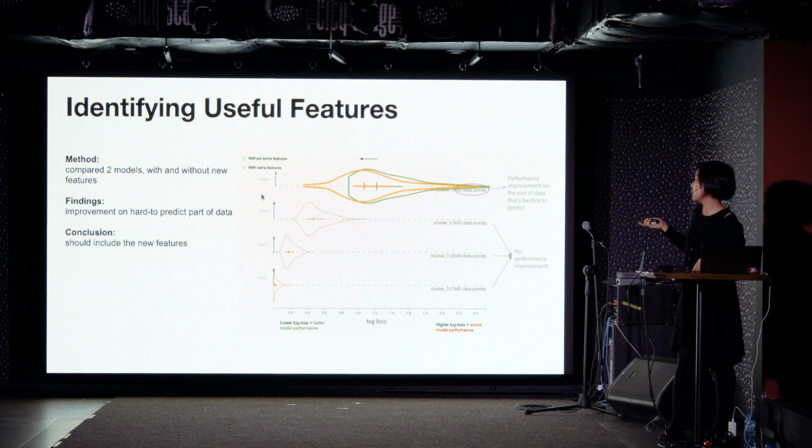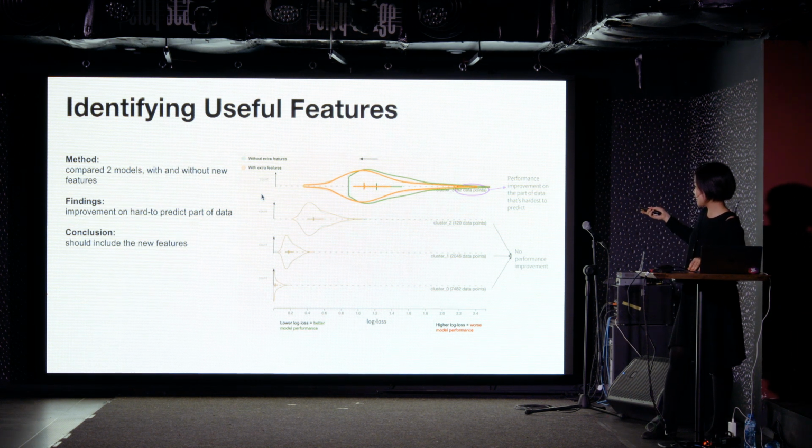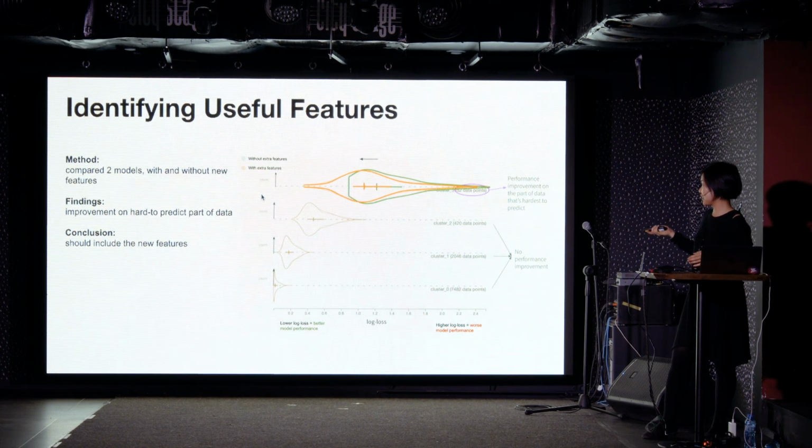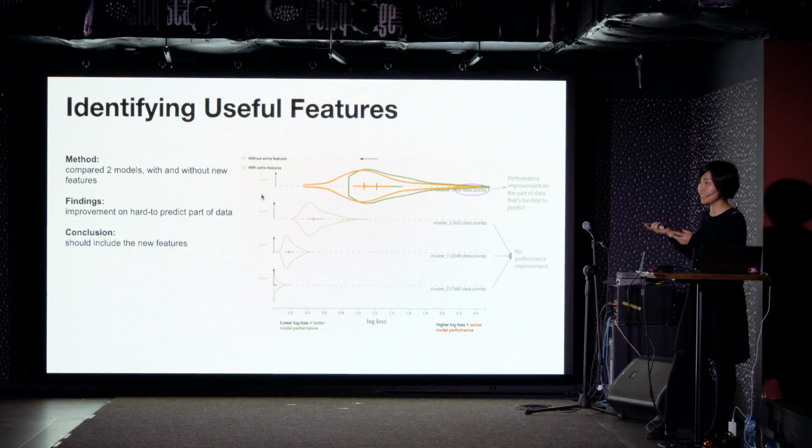So their conclusion is that the new features did have some improvement on this hard to predict part of the data. They should use the new features because they will make the most difficult to tackle instances easier for them.